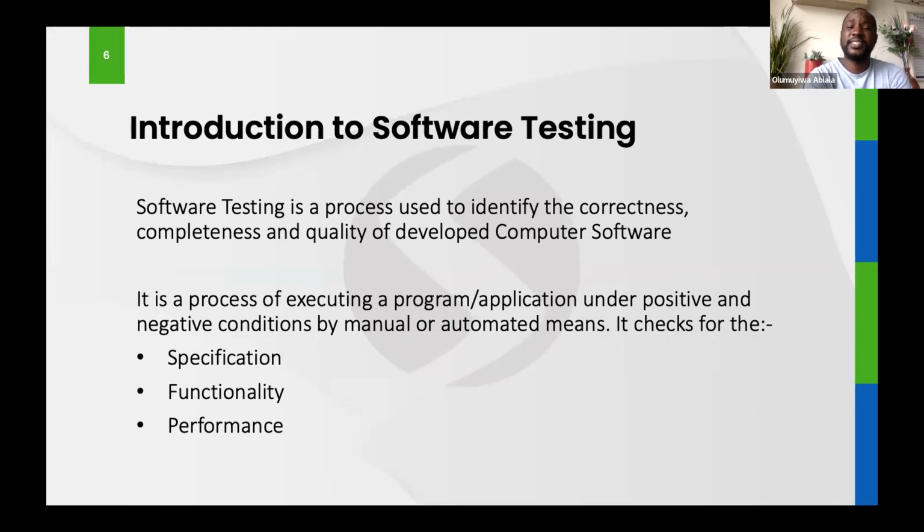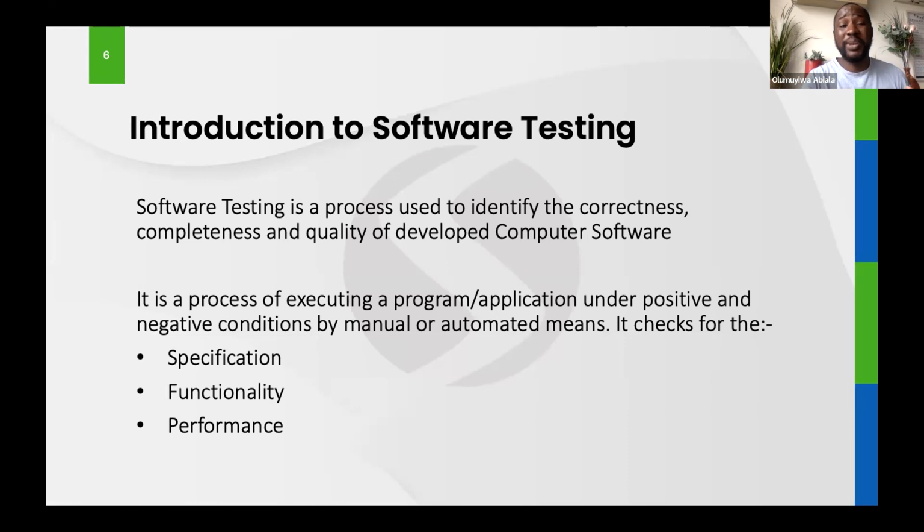What is software testing? Software testing is a process which is used to identify the correctness, the completeness, and the quality of developed computer software. It doesn't have to be computer software only. It can be a website, it might be an application. It goes into various aspects. What do we mean by correctness?